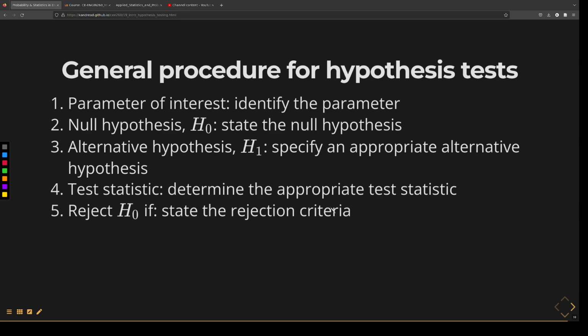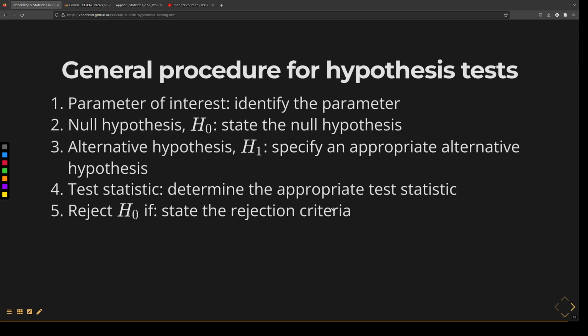And the type of problem will tell us whether we need to use a distribution for the test statistic that's different than the normal distribution. So after we calculate the test statistic, or at least determine which one it is, then we need to say, well, this is how we're going to reject a null hypothesis if it comes to that.